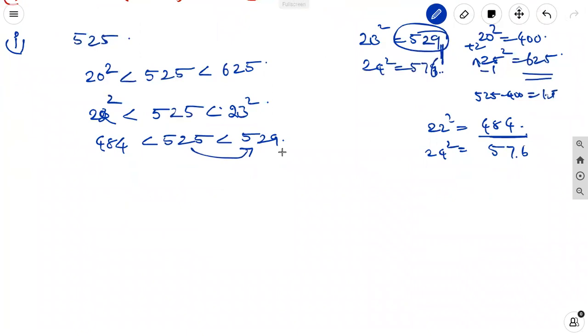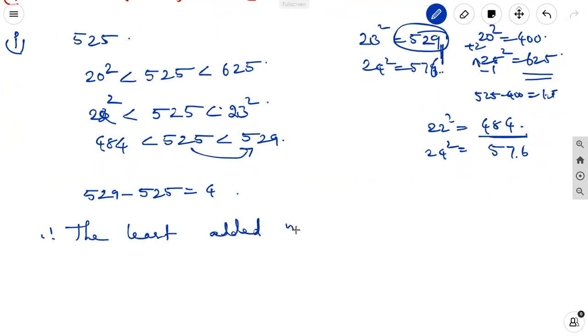How much do we add to get the next number? 529 minus 525 is equal to 4. Therefore, the least added number is equal to 4. Therefore, the square root of 529 is equal to 23.